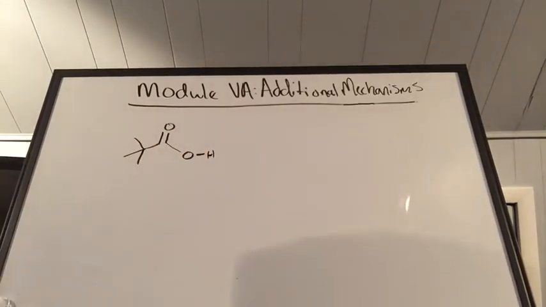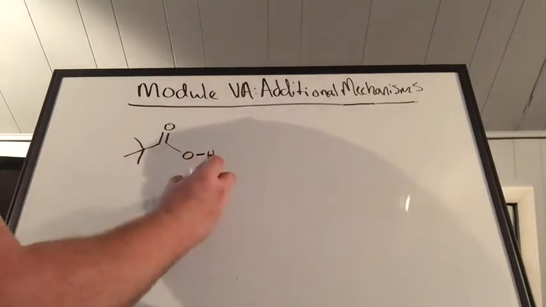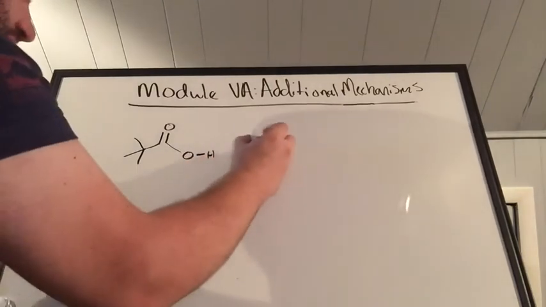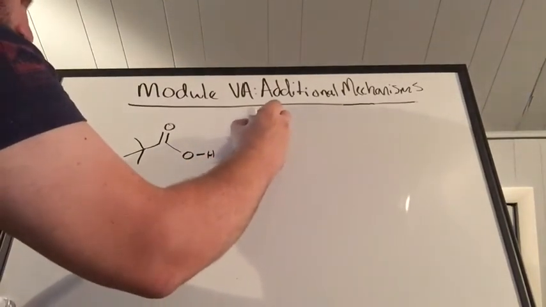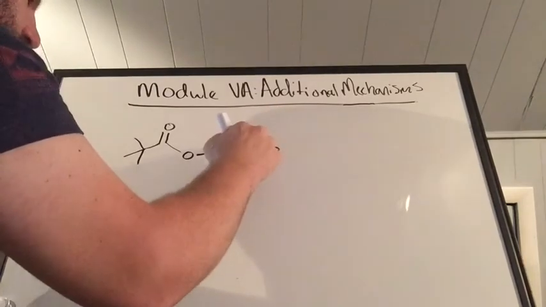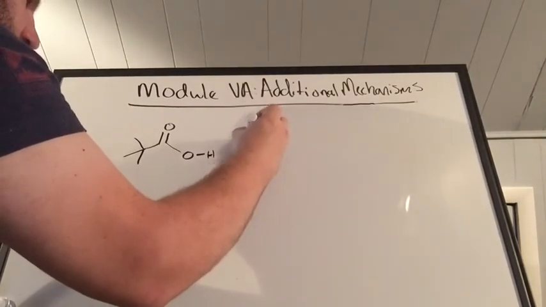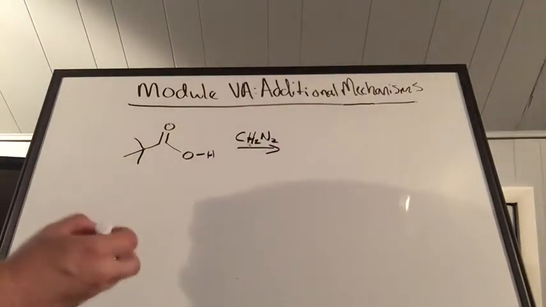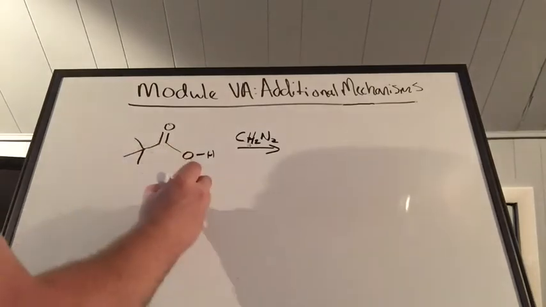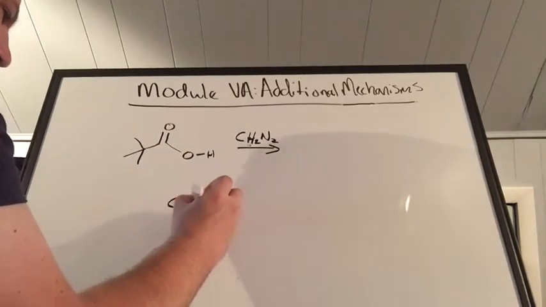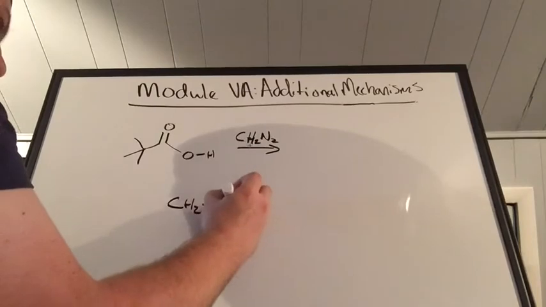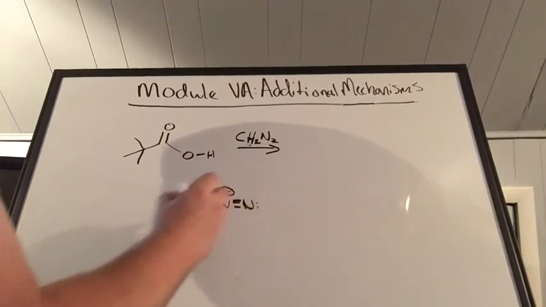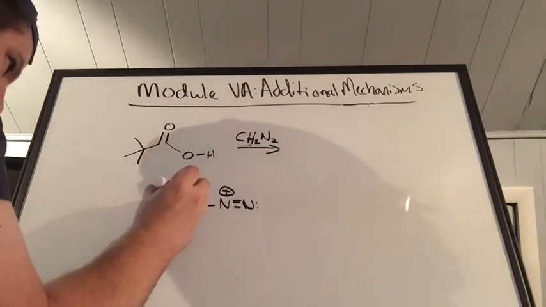Okay, so as you can see here is an acid. Not a very strong one, but if we treat this with diazomethane, CH2N2, the diazomethane, which is going to be this kind of structure, is going to be a zwitterion.